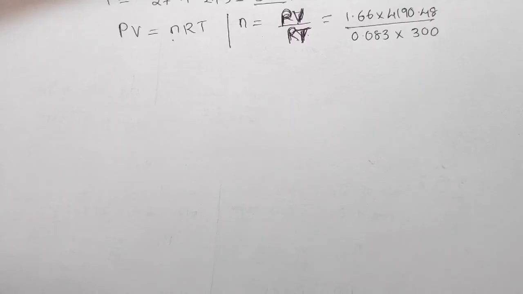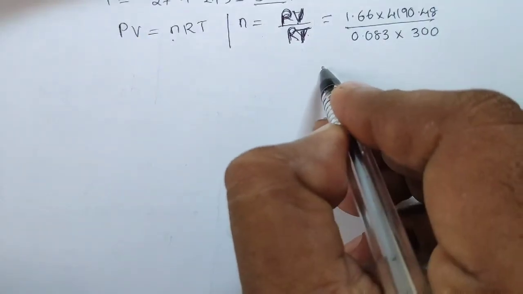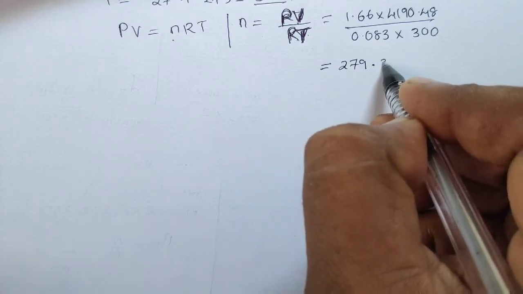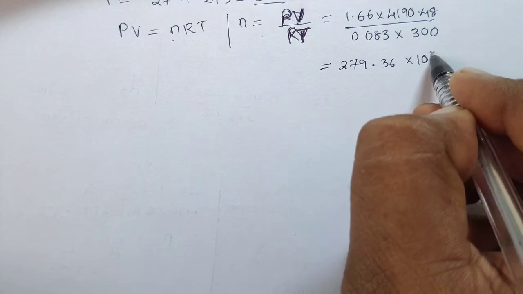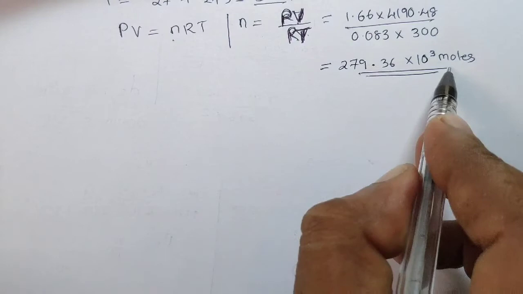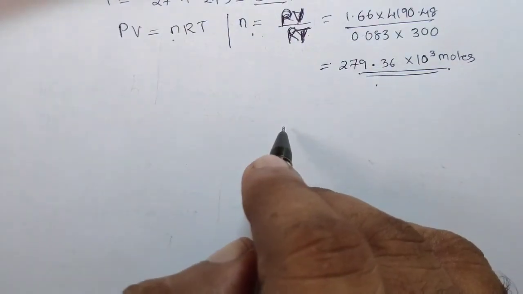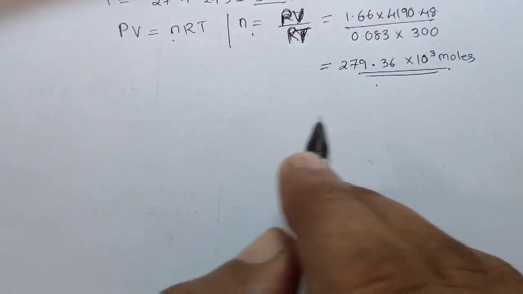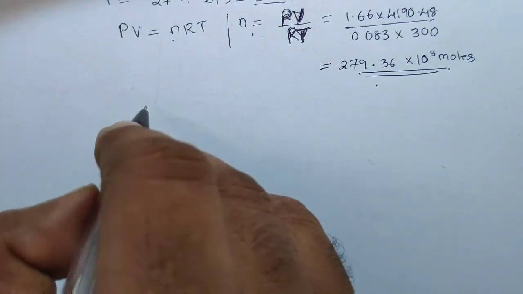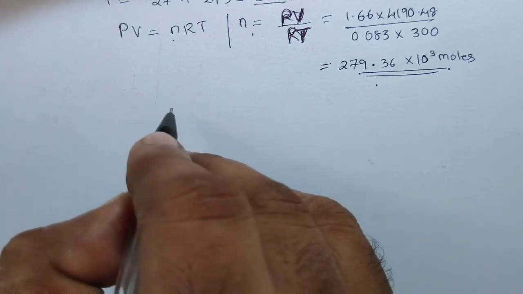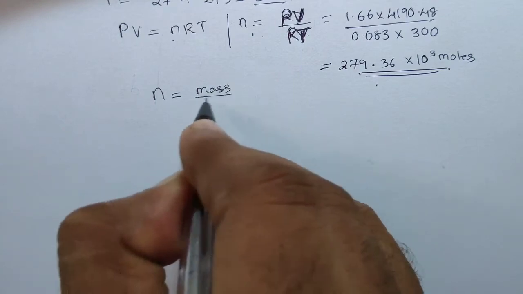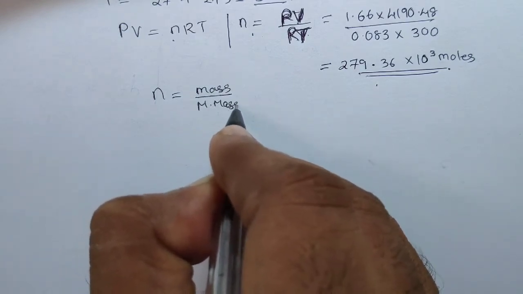Now if you calculate this, you will get the value 279.36 into 10 raised to 3 moles. Understood? So now we got the moles of that gas. Now the second part: we know the formula, number of moles is equal to mass upon molar mass, right?